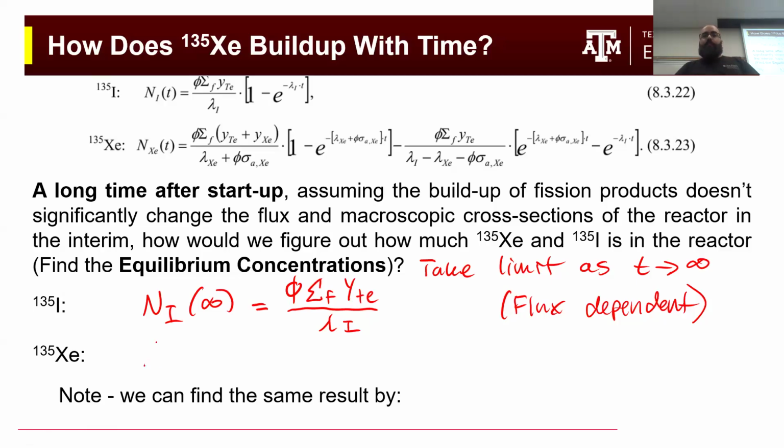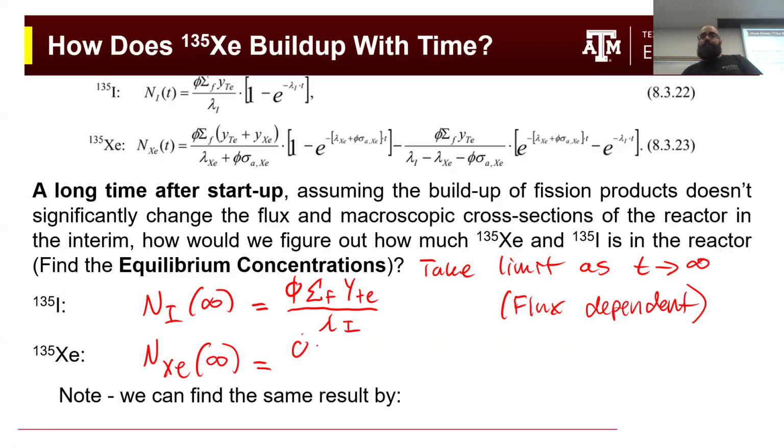And then we can say something similar. We can write the equilibrium concentration of xenon like this. If I do the same thing and take the limit as t goes to infinity, then notice both of these exponential terms right here would go to zero. So this entire second term is going to drop out of my equation. This exponential is also going to go to zero. Therefore, the only thing that gets left is this first multiplier in front of xenon.